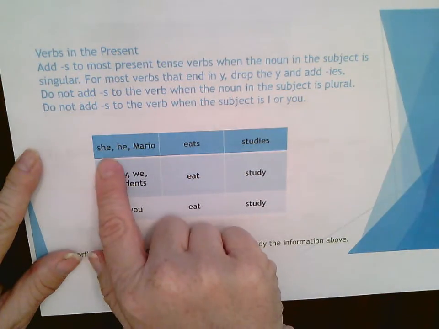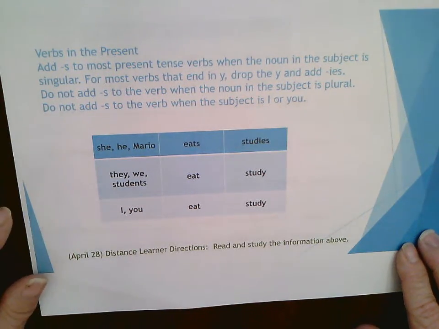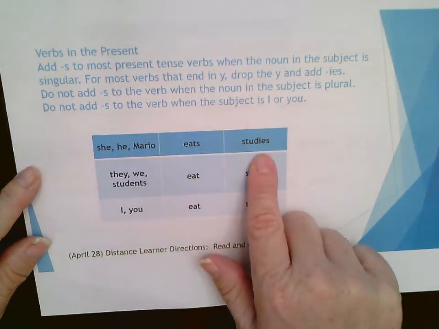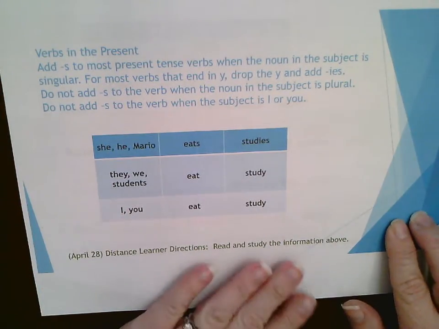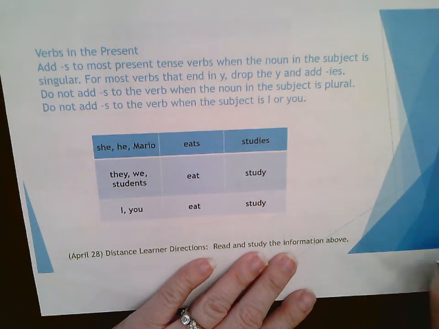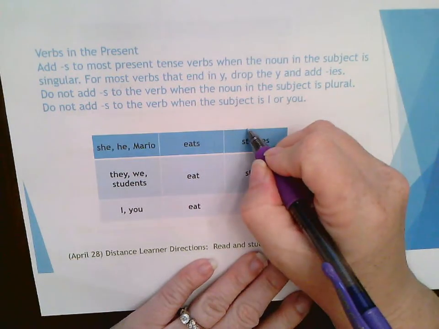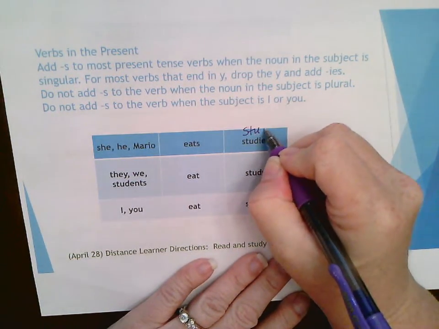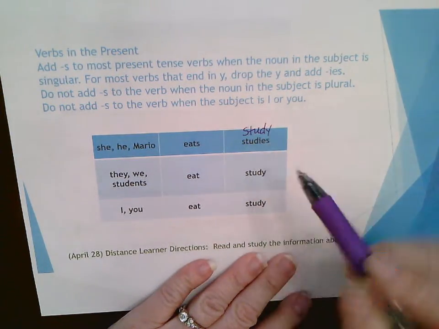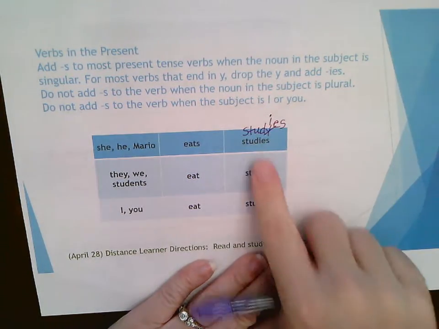Now if I say she studies, or he studies, or Mario studies, study ended in a Y, and so to make it present tense, I change the Y to an I and then add ES. So the base verb here was study. I changed the Y to an I and then add my ES. So that's how I got studies.